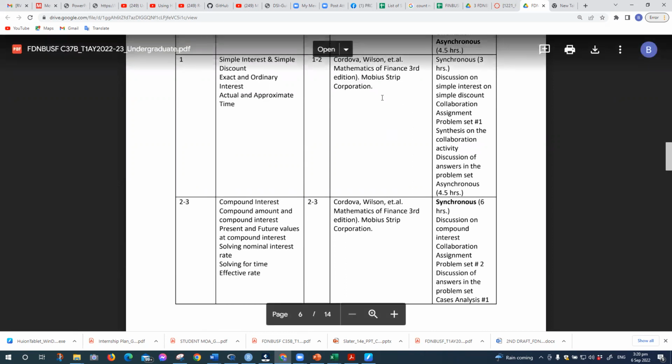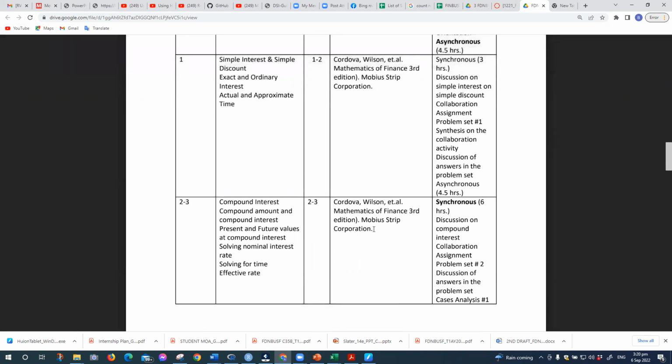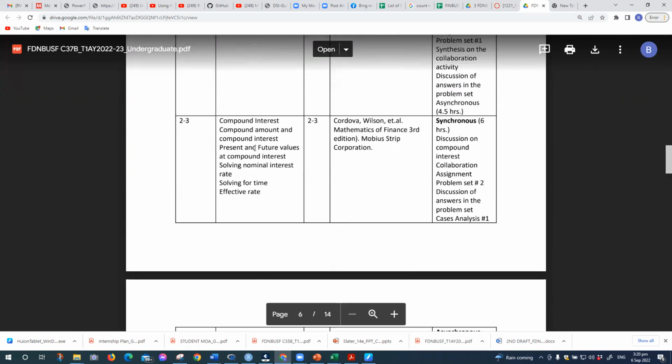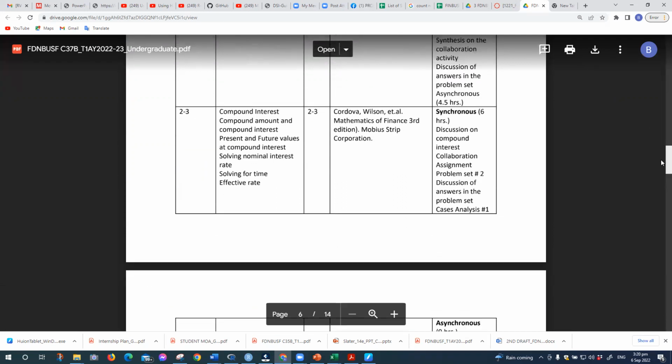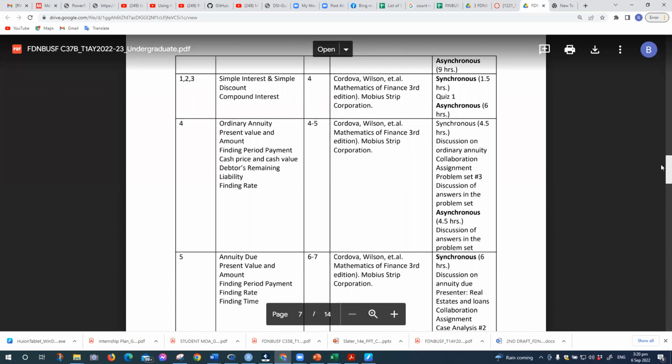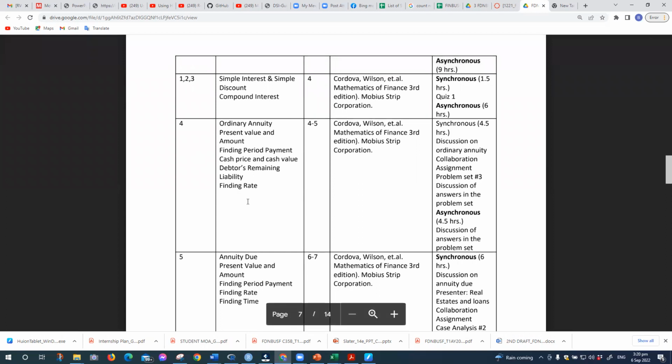That's why you'll not be required to have this textbook, but just be resourceful dun sa pag-research ng mga topics natin. Compound interest. If you want to buy, I think available siya sa national, but I'm not sure. And then ordinary annuity due.